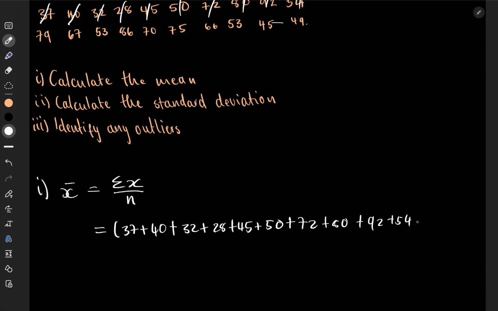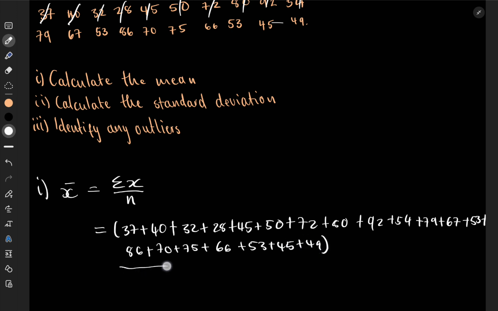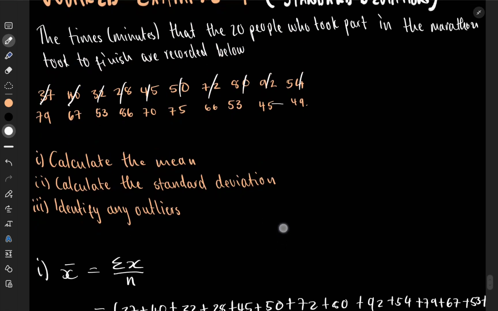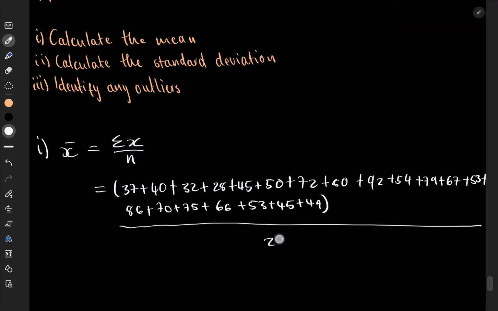We had more than that, but I've just thought of putting all of them, right? 54 plus 79 plus 67 plus 53 plus, you keep going, plus 86 plus 70 plus 75 plus 66 plus 53 plus 45 plus 49, all of them, right? Then you say over, how many terms do we have here? 20, so over 20.